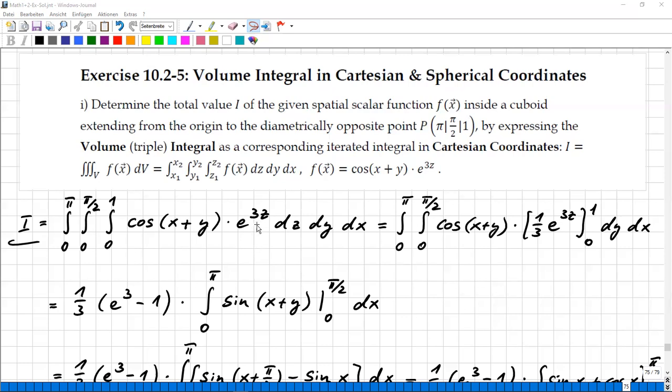It is sufficient to divide by the inner factor, which is 3. So we take a prefactor of 1 over 3, and then we integrate the exponential function to its primitive, which is the same as itself. So e power 3z stays there, but we have to divide by 3.